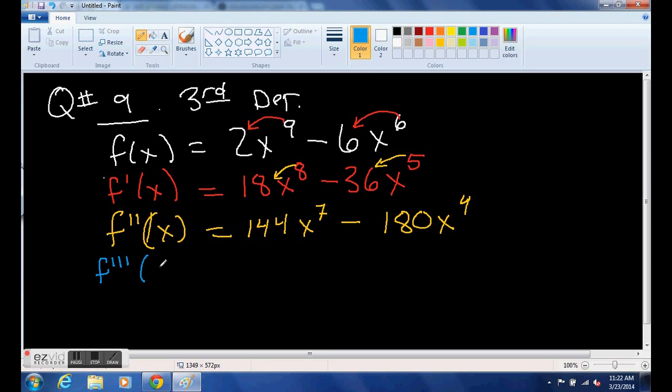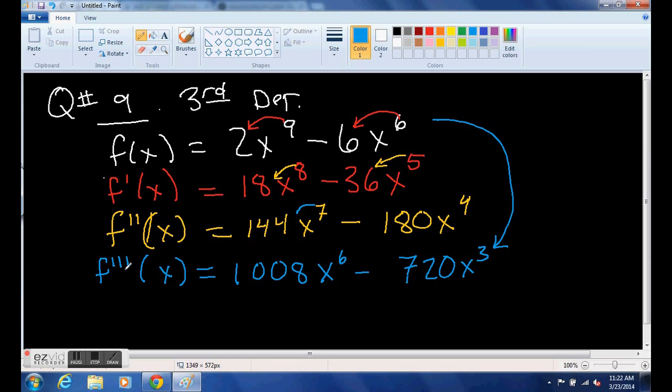Third derivative, I would say third derivative of x, I wouldn't say triple prime. Somebody might, I suppose. You take 7 times 144, and you get 1008 x to the 6th minus 720 x cubed.